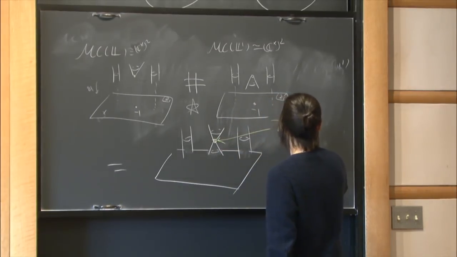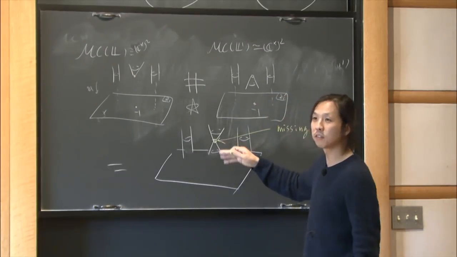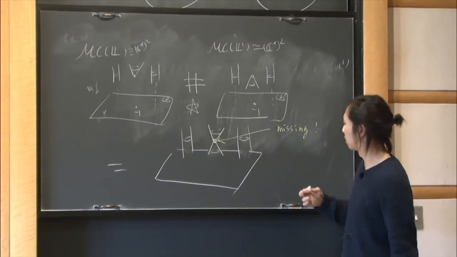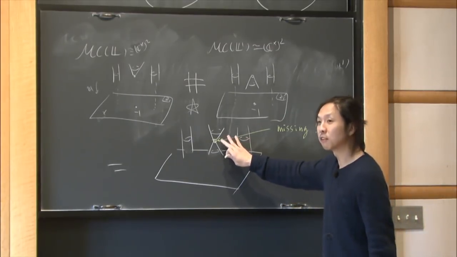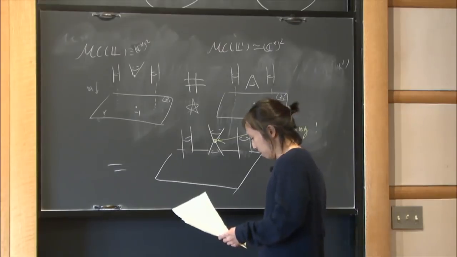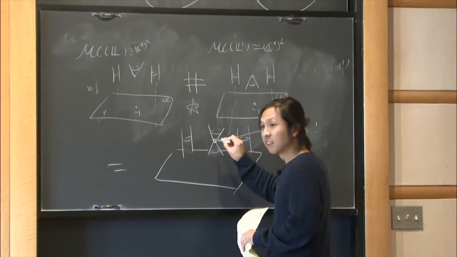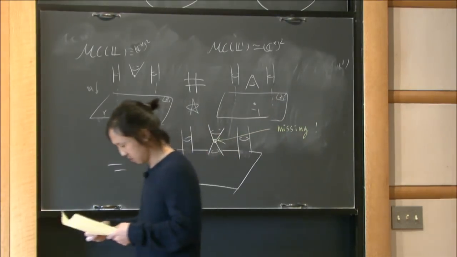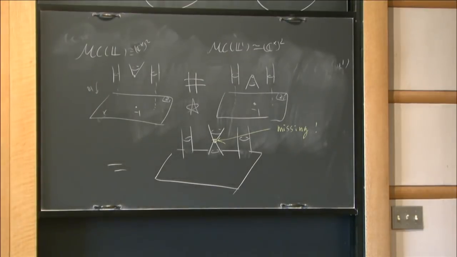In fact, you don't know whether there is only a point or P1, P2, whatever. Can't be P2, right? Anyway, something is missing here. Of course, we expect to fill this out by something, and for that reason, I need to use the immersed Lagrangian or singular torus fiber.